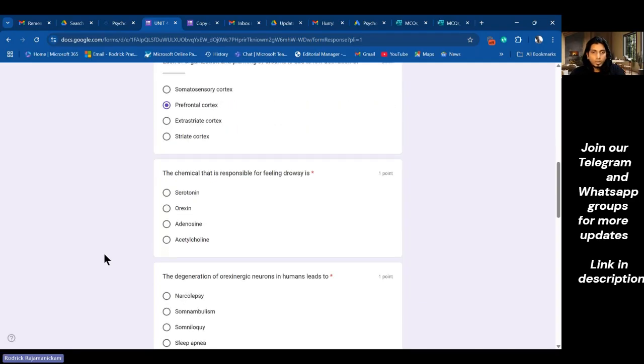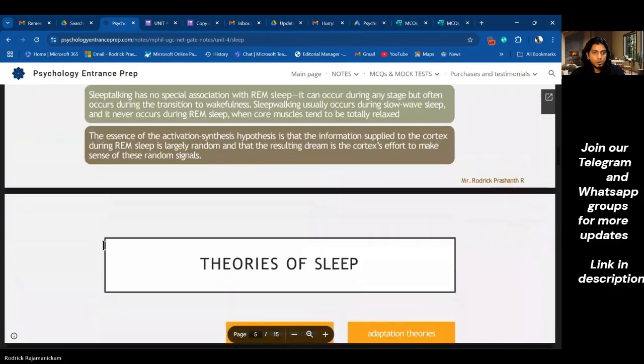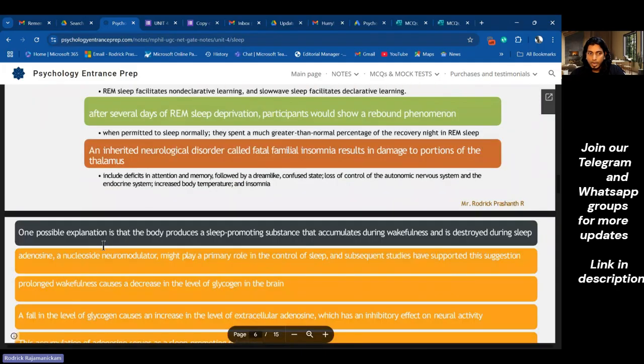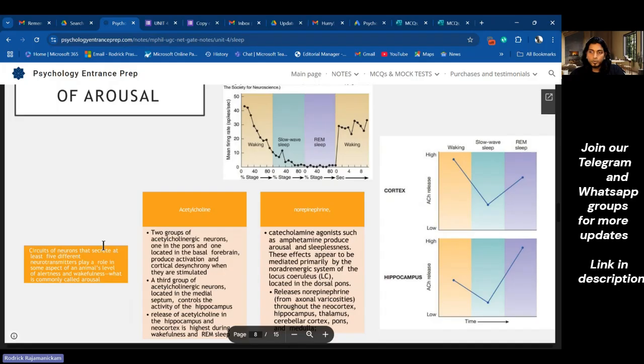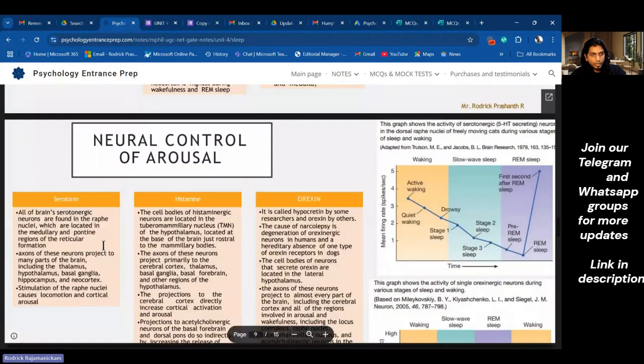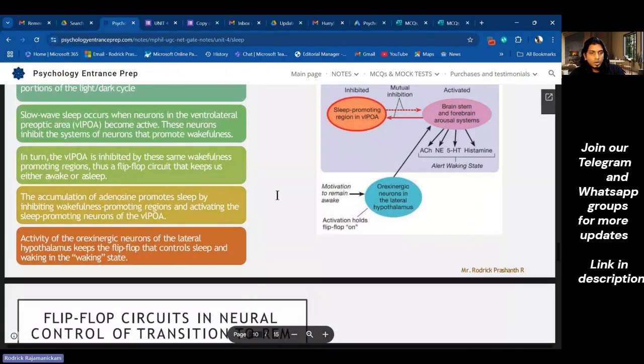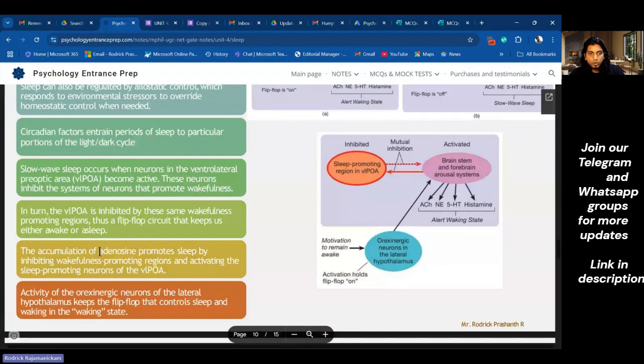So yeah, moving on. The chemical that is responsible for feeling drowsy is adenosine. This is what caffeine blocks. When you drink caffeine, it blocks adenosine. Adenosine is actually a byproduct of daily activity. So ATP, adenosine triphosphate: when you have a lot of energy being consumed, adenosine builds up. This promotes sleep promoting neurons, like the ventrolateral preoptic neuron.